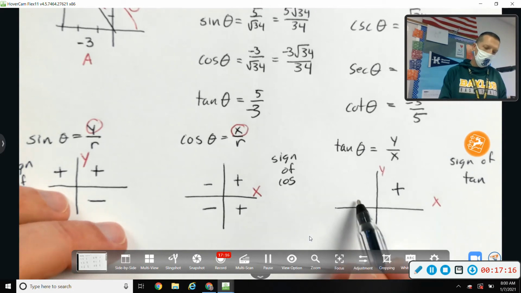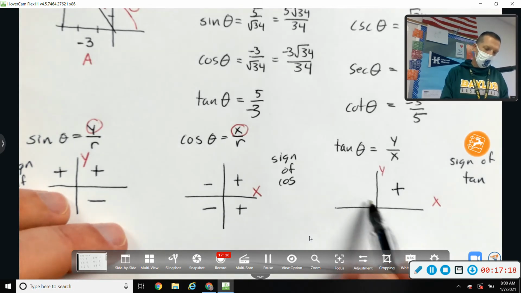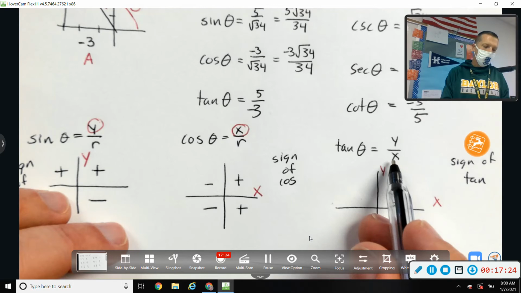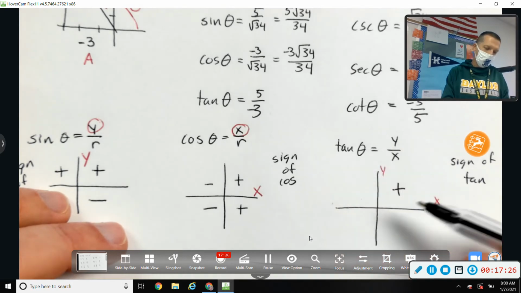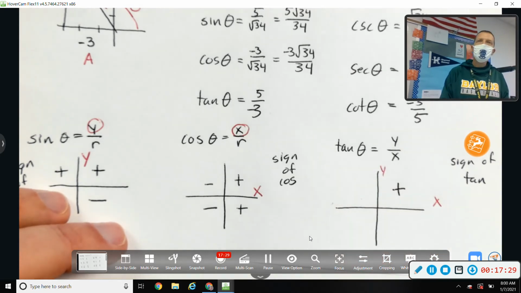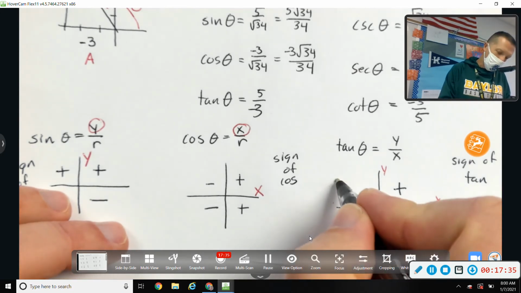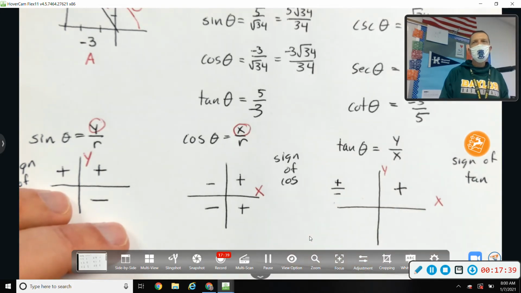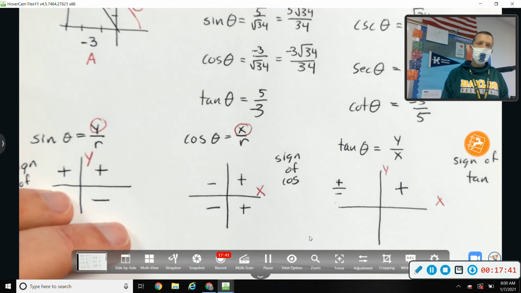Over here in the second quadrant, x would be negative, y would be positive. What would that do to the positive or negative of tangent? If y is positive but x is negative, what's positive divided by negative going to be? Negative.